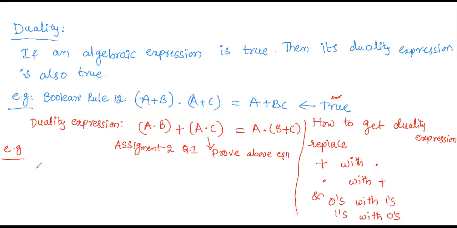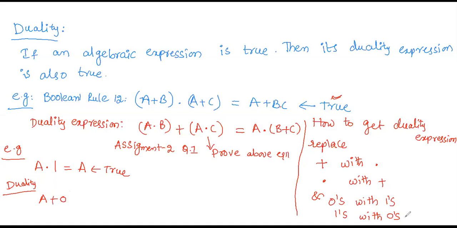In Boolean, we know A dot 1 is equal to A. This is a true statement. What is the duality expression? You get the duality expression by changing dot with plus and replacing 1 with 0.